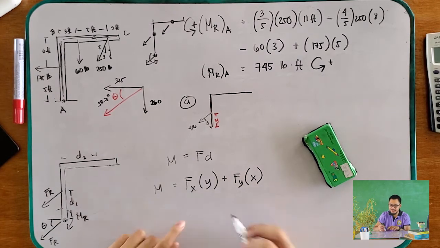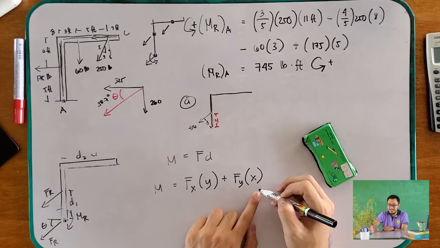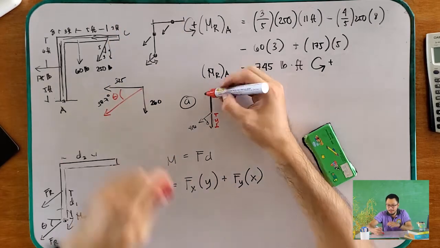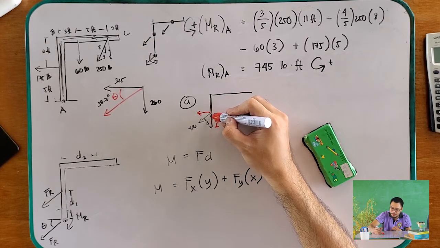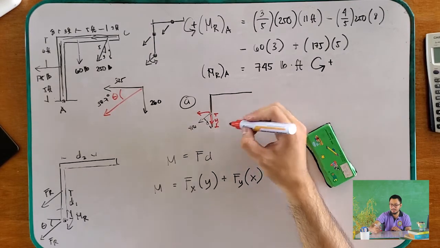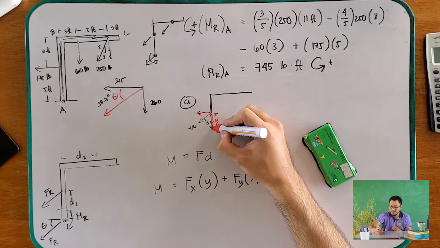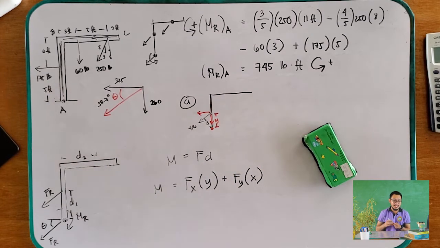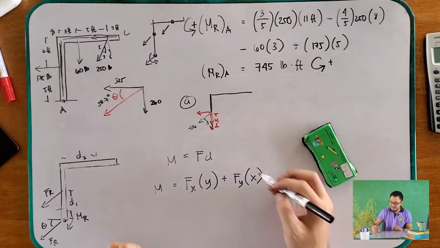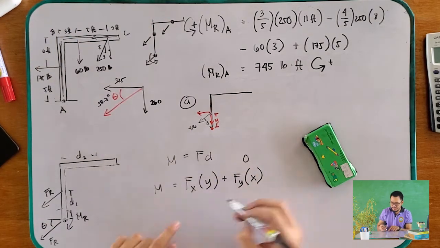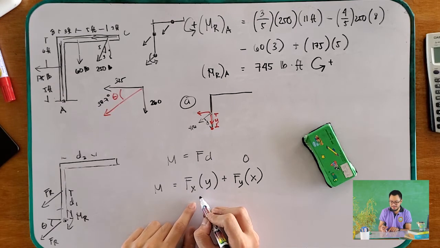This is your y, and this is your x. This is your x component and this is your y component. Your y component coincides with the moment axis, so therefore this is 0. What remains is Fx times y.